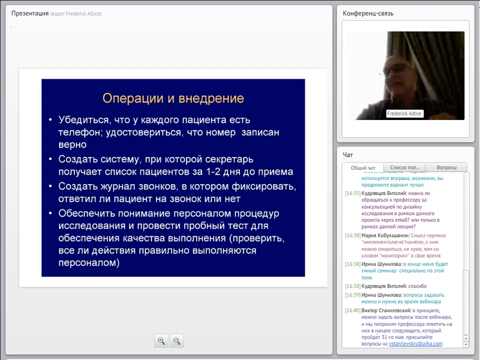But then the next important thing is that the staff member who's going to be doing this has to be trained on how to do it. And they need to be pilot tested. They need to be observed to make sure that the fidelity of what they're doing is exactly the way you want it to work. For instance, if you say, all right, here's a list of people, give them a call, and tell us whether or not you got hold of them, well, the receptionist might say, oh, I might lose my job if I don't call.